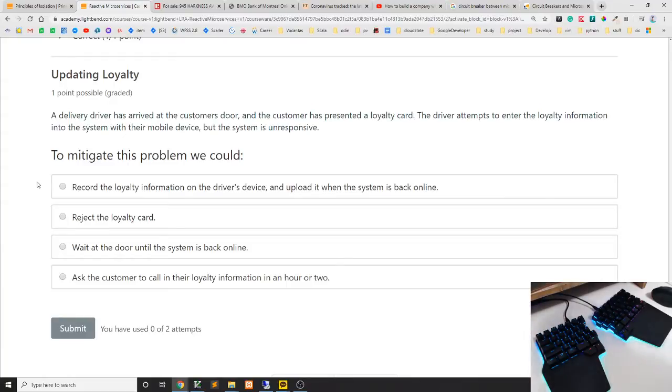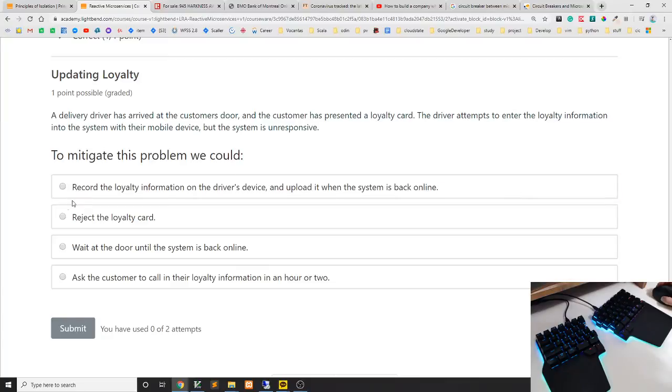To mitigate this problem, we could record the loyalty information on the driver's device and upload it when the system is back online. Reject the loyalty card. Wait at the door until the system is back online. Ask the customer to call in their loyalty information in an hour or two.